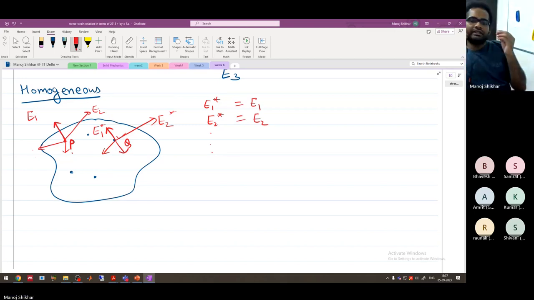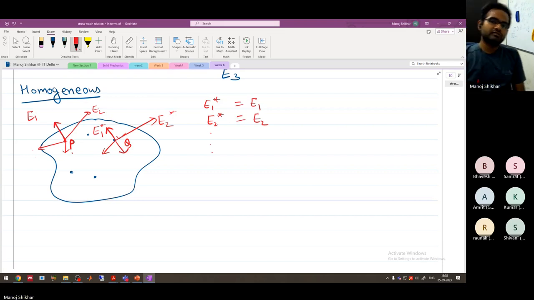Then these 2 points are homogeneous, like we are getting the same value of the property in a direction at 2 different points. Now suppose it is happening at all the points of the body, then we say that the body is homogeneous.